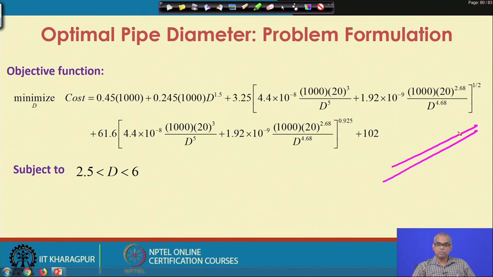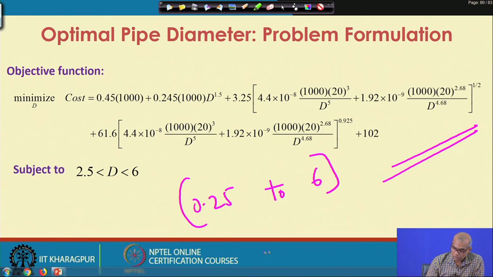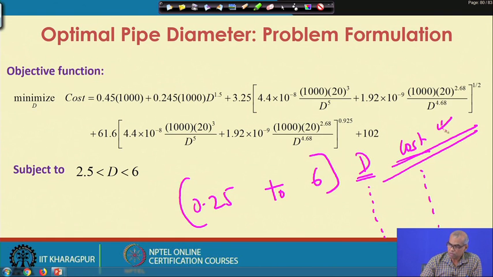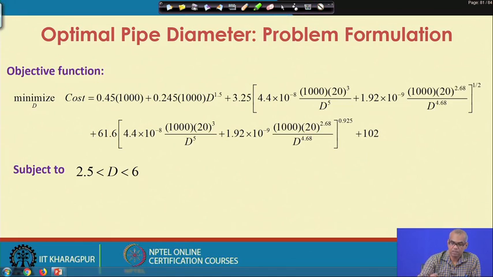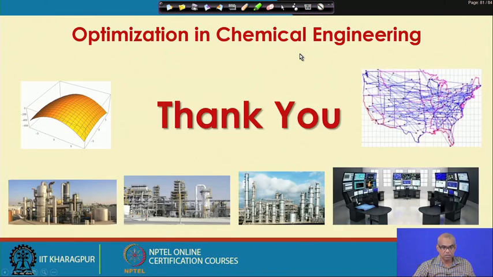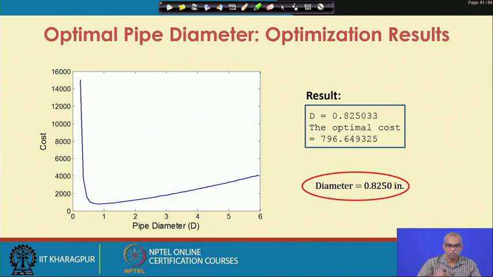So, what you can do is between 0.25 to 6 inch you can generate the D values and can obtain the corresponding cost values using this expression. And then if you plot, you will get this plot.